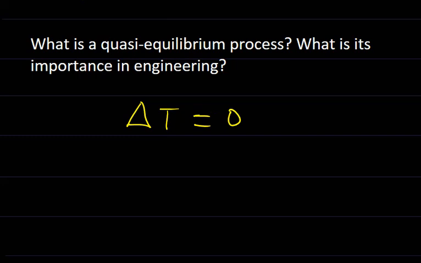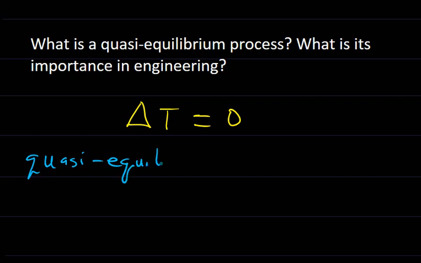But anytime you hear the word quasi-equilibrium, this is a very slow process. Even though the system is undergoing change, the change is too slow. The process is so slow that at each point of the process, the system is assumed to be at equilibrium.